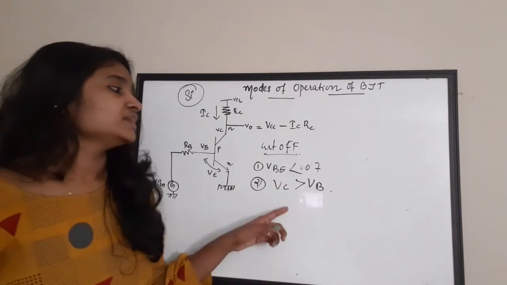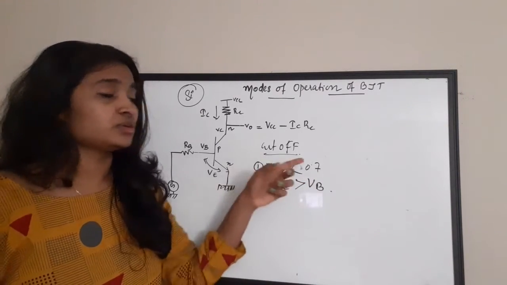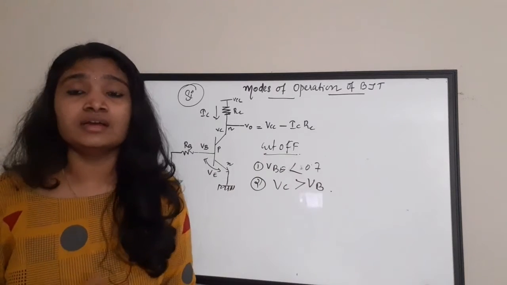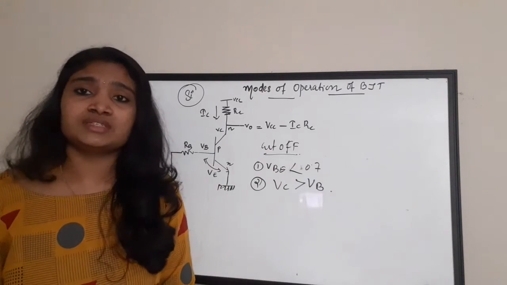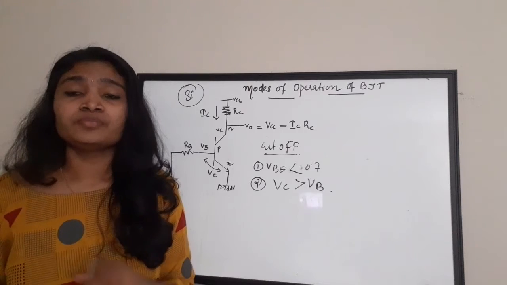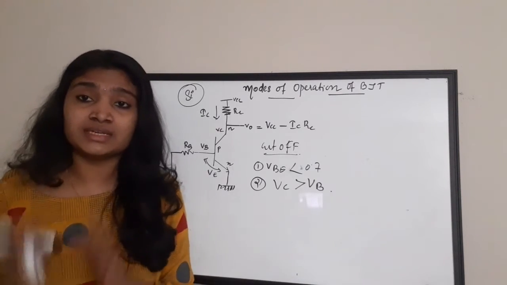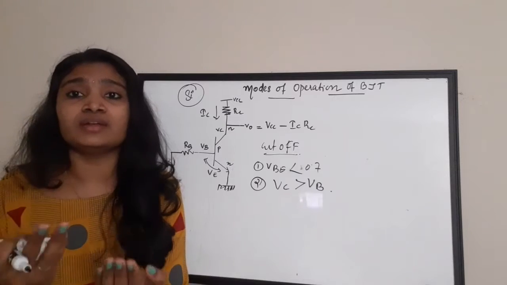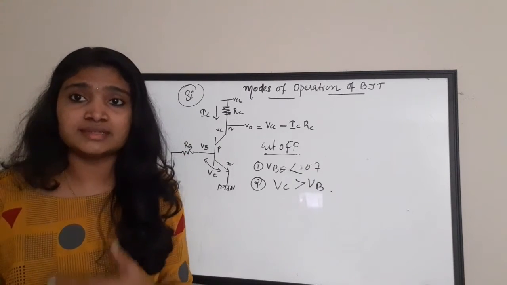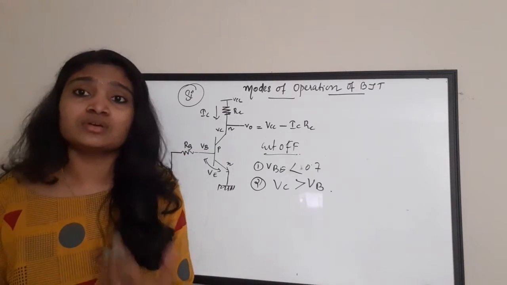So these are the two conditions for the cutoff region. As I said earlier, in 90% of the questions they will be asking about the saturation region and active region. From these two regions, you need to find whether the transistor is in the saturation region or active region.